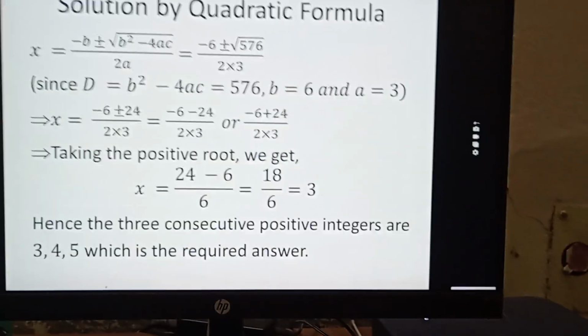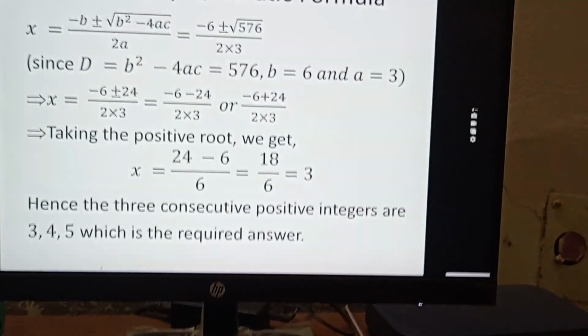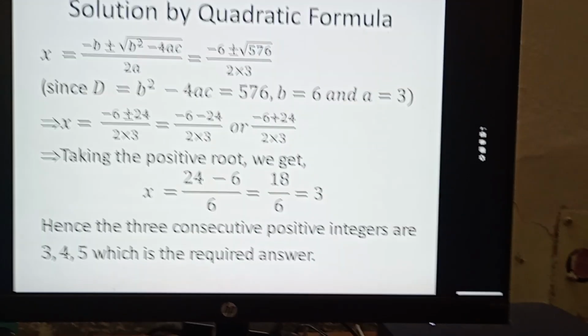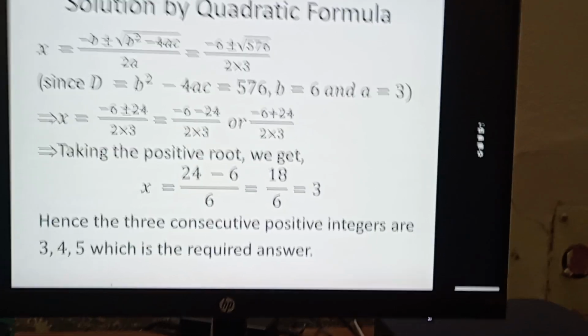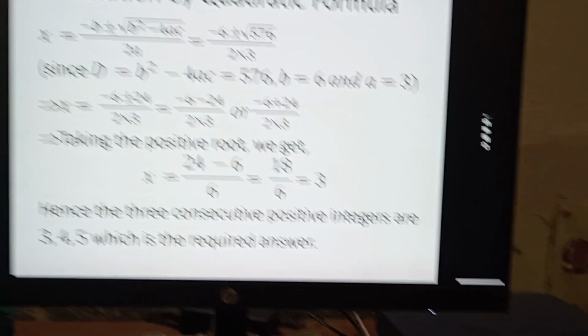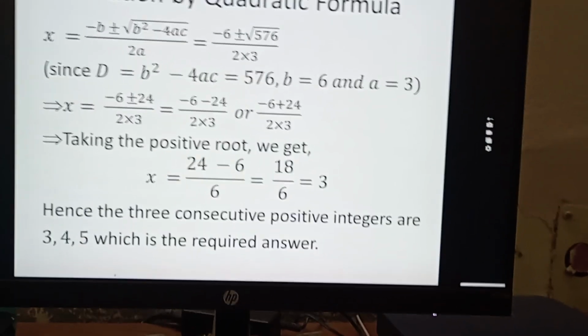Since D is equal to b square minus 4ac, which is equal to 576, already found out. B is equal to 6 and a equal to 3. So substituting these values and simplifying, you get minus 6 plus or minus, there are two values here. We take only the positive root.